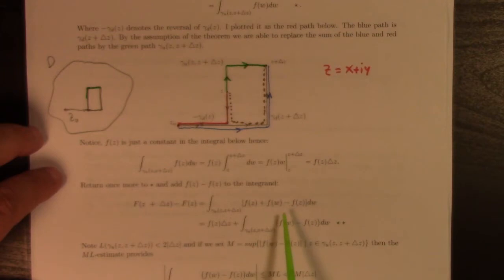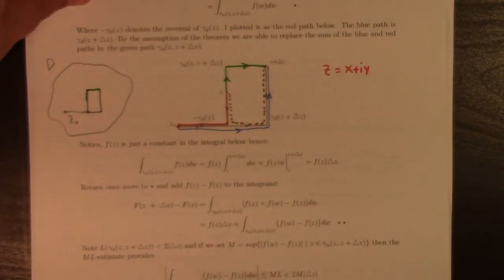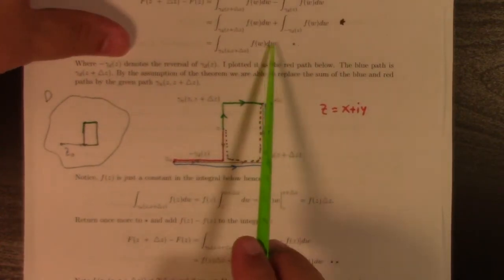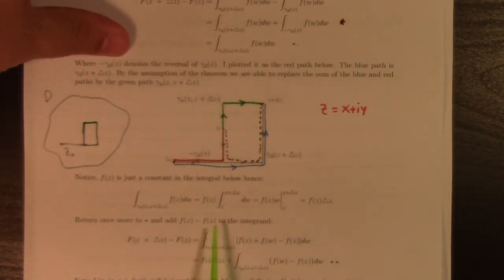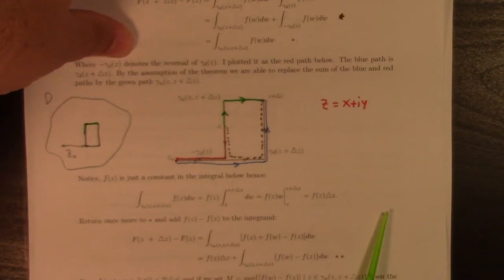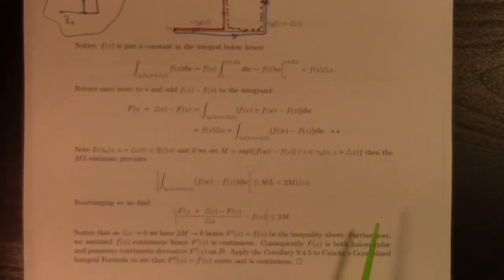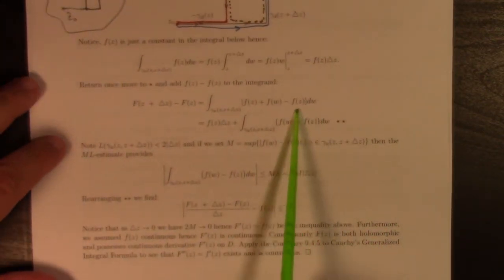Now, what we do is we go back to star, which may be out of frame now, but this star up here, and I just add 0, which is, I add and subtract f of z, right? I add f of z, I subtract f of z, but the f of w minus f of z, I'll pull off on its lonesome, and the integral of f of z dw I just worked out was f of z delta z right here, right? So then we're going to work on this piece.